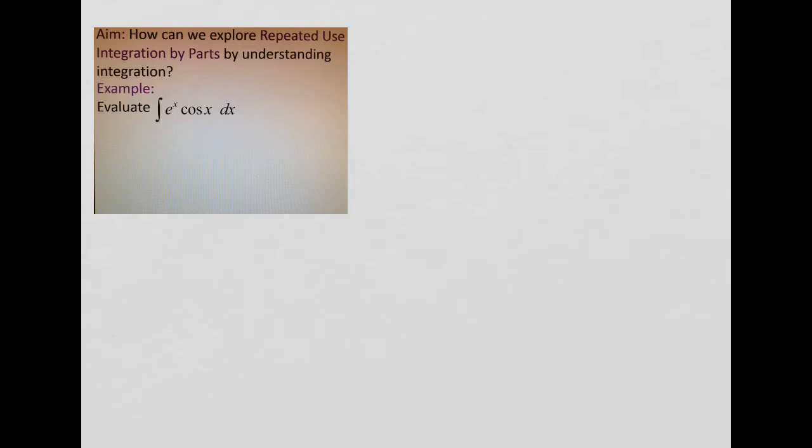So we're going to take a look at how to do this problem, and you'll understand why it's under its own lesson and its own title of repeated use of integration by parts. Here we go. So for this problem, we want to keep u as our exponential function and dv as our trig function, cosine of x dx.